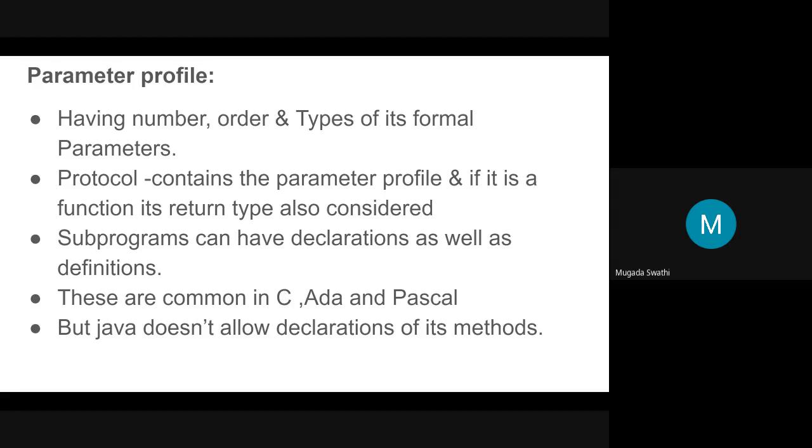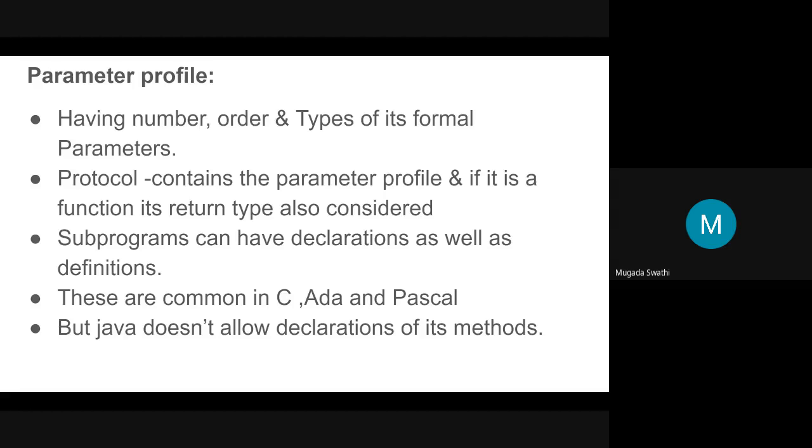So these kind of data types should be in the same order when we are passing parameters to the function definition. And the protocol contains the parameter profile, and if it is a function, its return type is also considered.